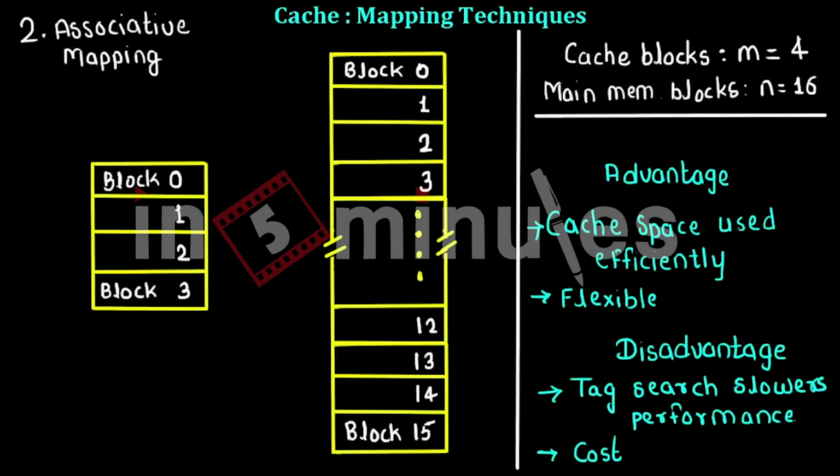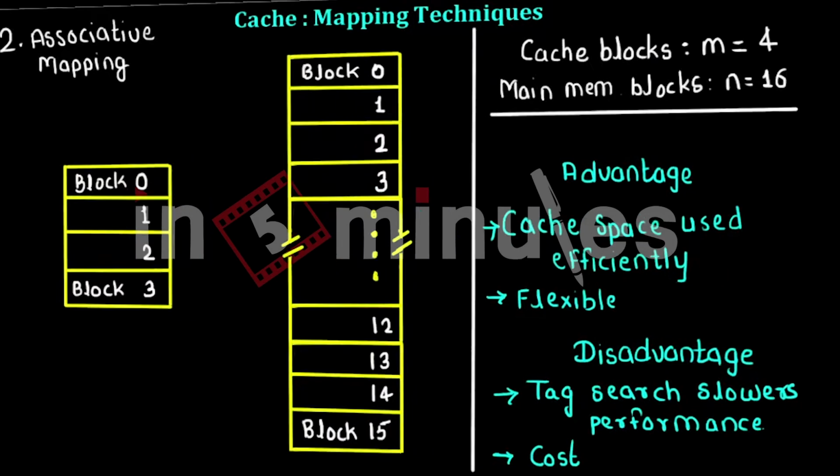The disadvantage can be the tag search, which is going to have 4 bits now instead of 2 bits. The search may slow the performance of the system. The cost is also more than that of direct mapping due to the complex search algorithms to be used.